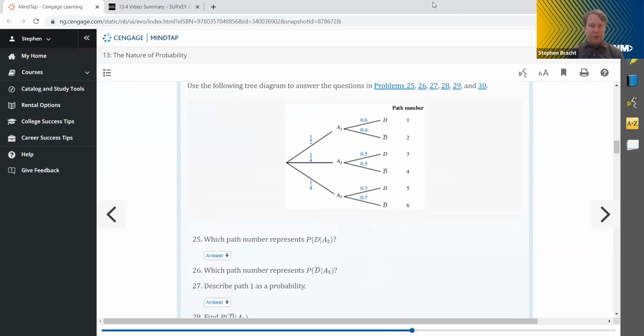So come over here to a whiteboard. I'm going to clear this. We're on 29. Probability of D given A1 times probability of A1. For D given A1, you find the A1 branch, and then you find the D branch coming off of the A1 branch.